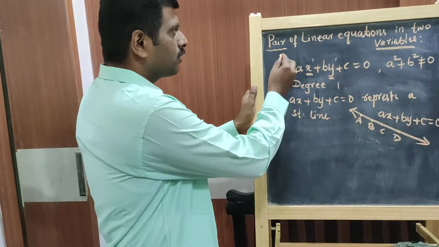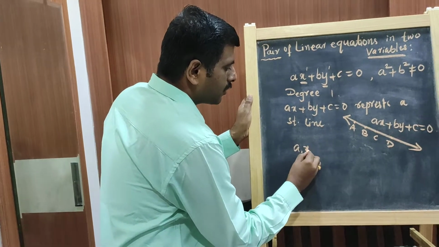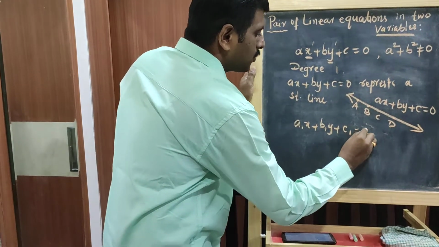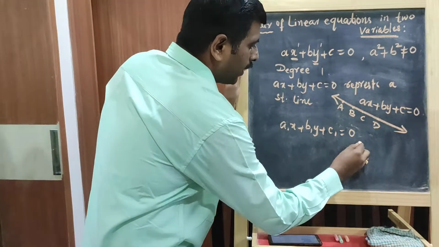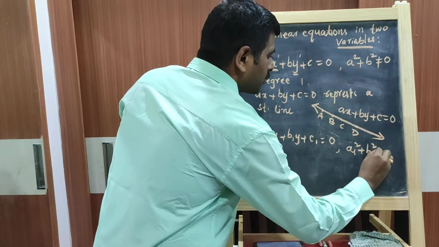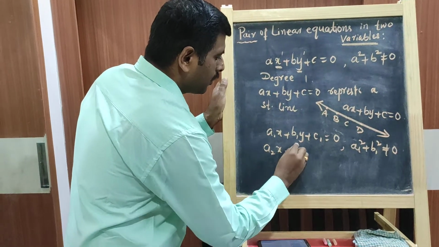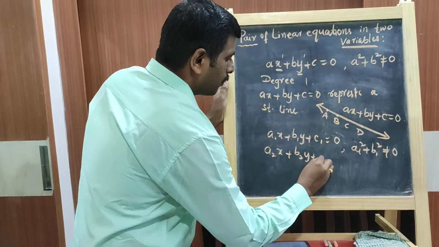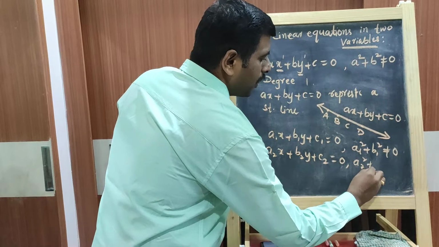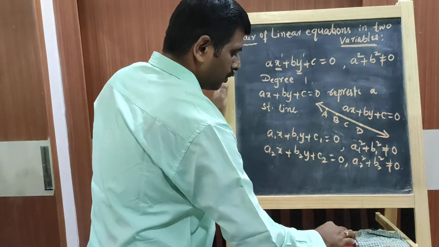Let me write the pair of linear equations here: a1x plus b1y plus c1 equals 0, where a1 square plus b1 square is not equal to 0, and a2x plus b2y plus c2 equals 0, where a2 square plus b2 square is not equal to 0.